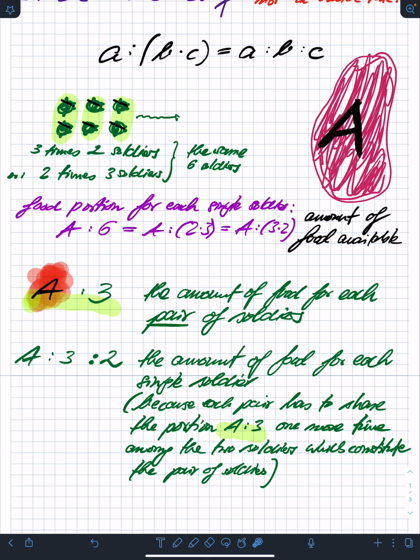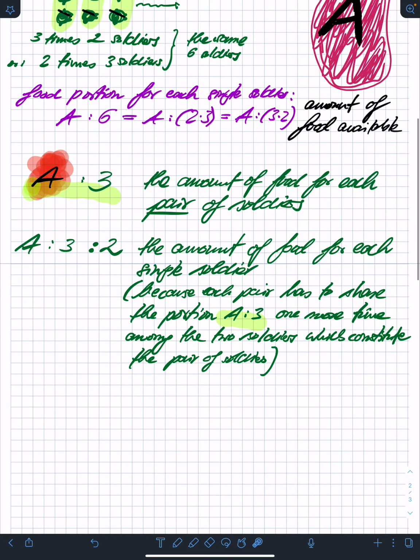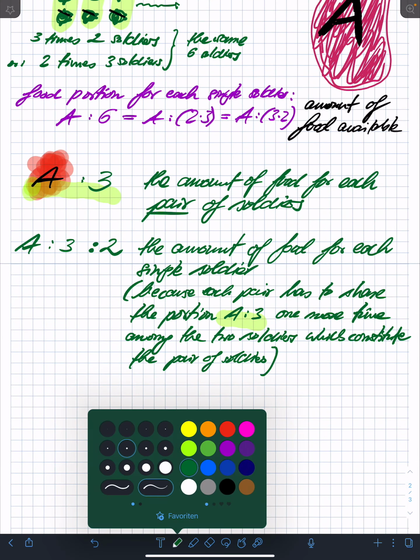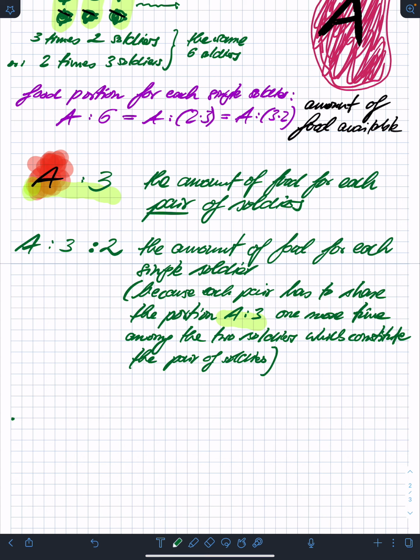And then the single soldiers say, hey, you guy here, you will give me the half. So, first, a pair of soldiers gets A divided by 3, and then they share among themselves another time this divided by 2. The same, absolutely the same, it would be for first A divided by 2.